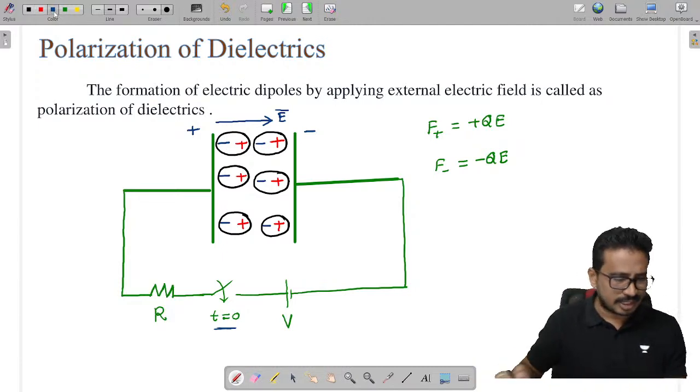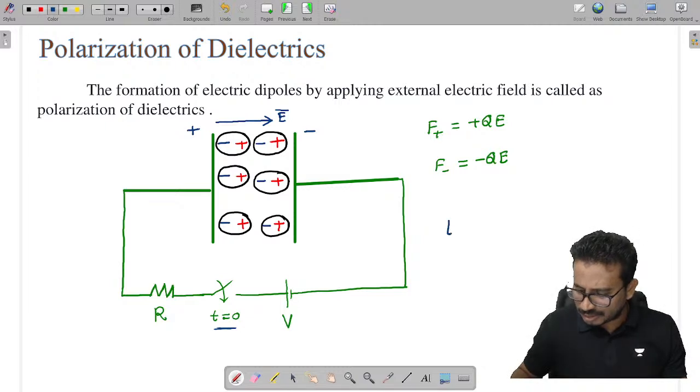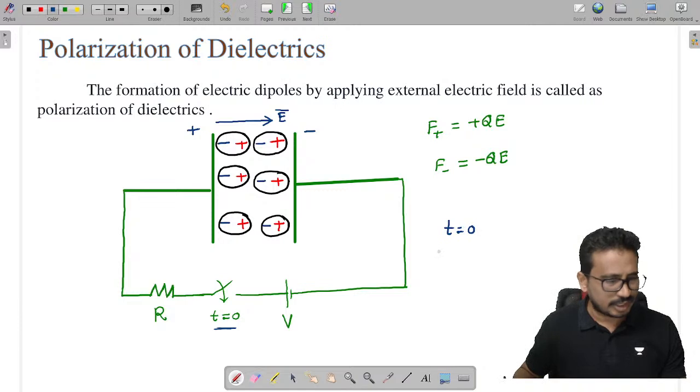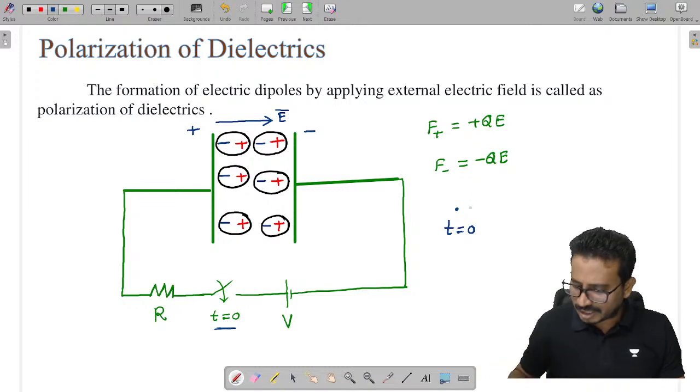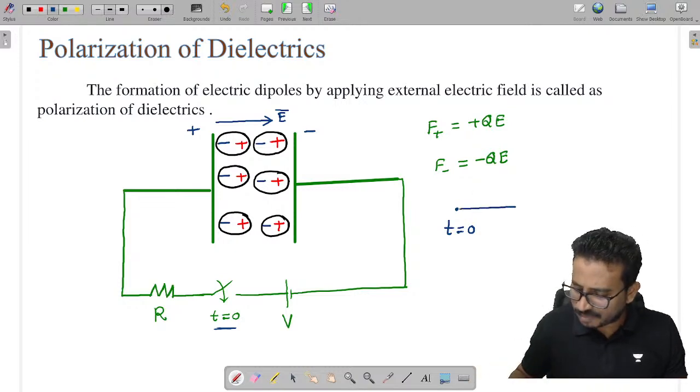If you observe carefully, at t equal to 0 we have started, and there is a movement of charges from one side to the other side from t equal to 0 up to some time.